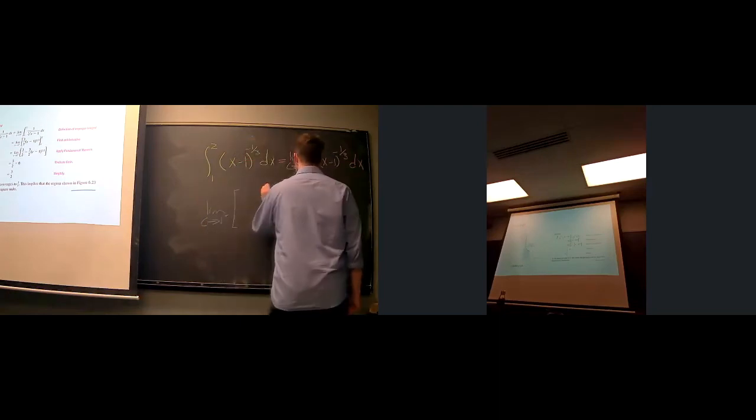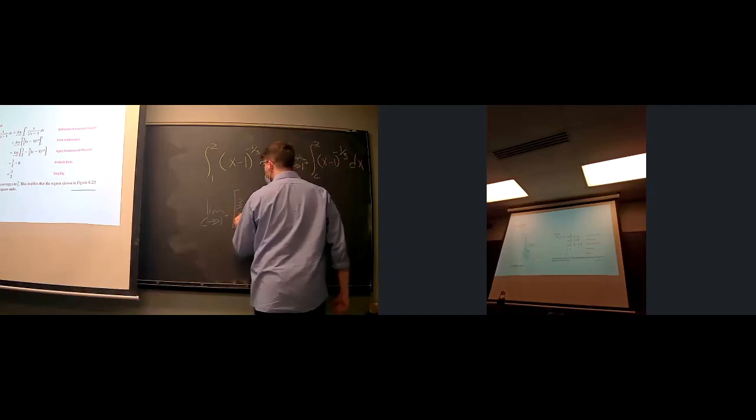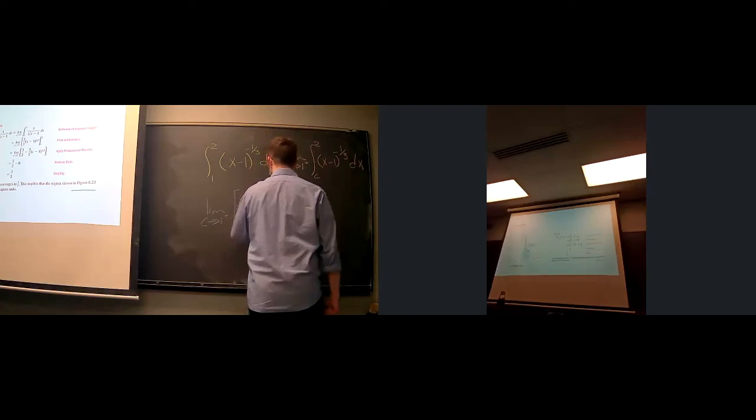So from here, we would calculate that antiderivative. The limit as c goes to 1 from the right of 3/2, and I am not doing that in my head, so I'm going to cheat and look at the board, x minus 1 raised to the 2/3.